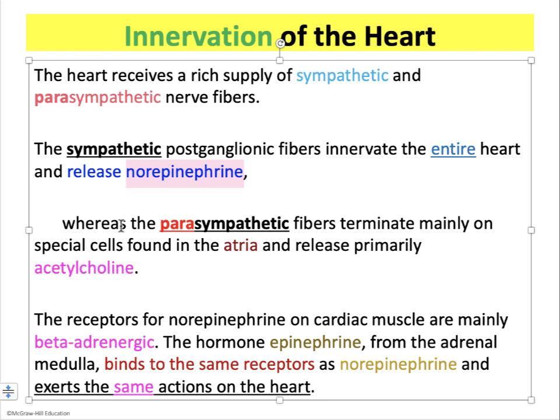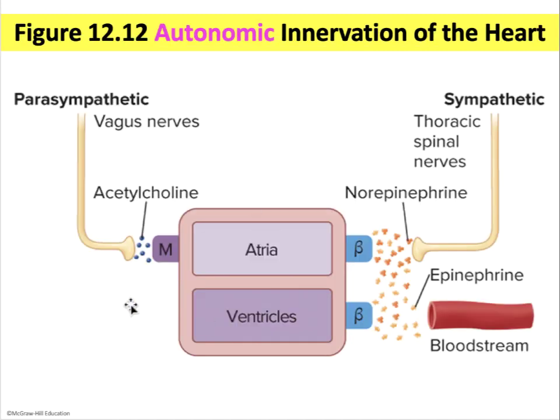In addition, there is a nerve fiber that innervates the atria only, and that's part of the parasympathetic nervous system, and that uses acetylcholine as its neurotransmitter. The chapter on the endocrine system deals with the different classes of receptors and nerve cells.